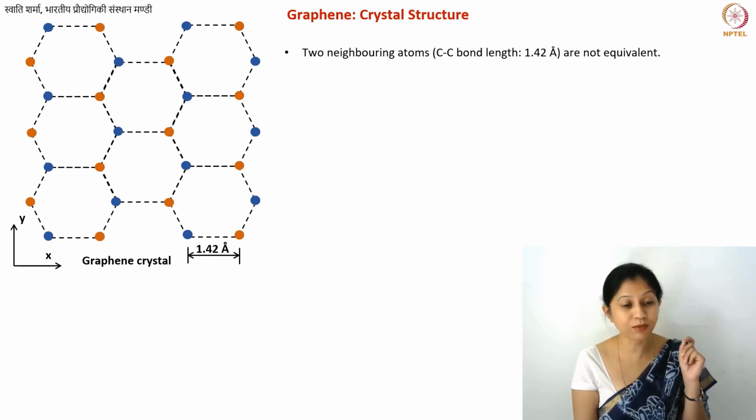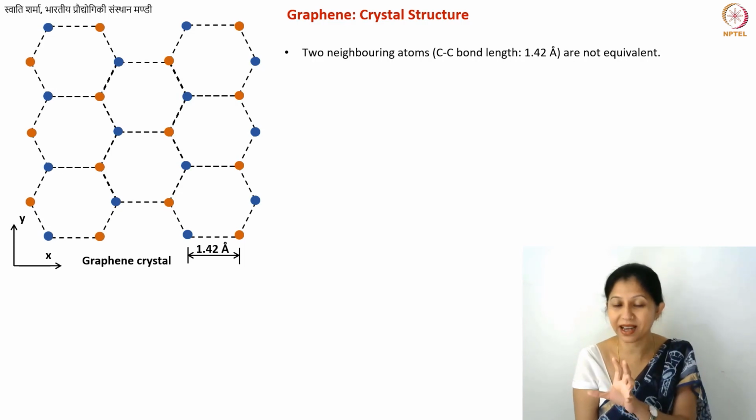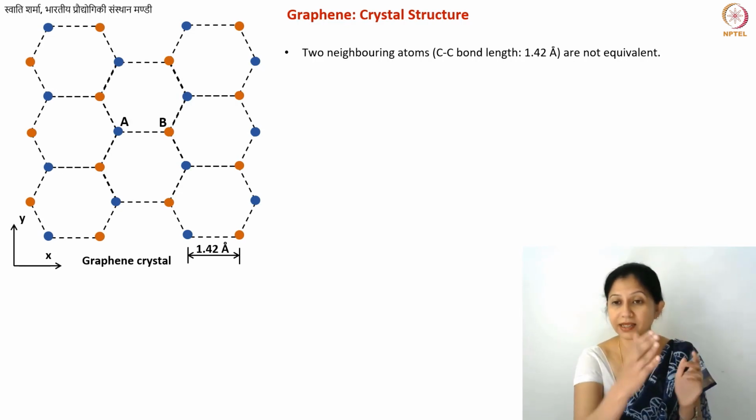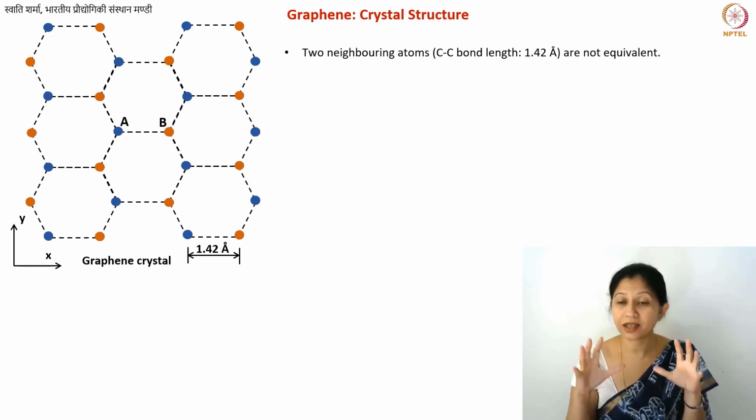So when it comes to selecting this primitive unit cell, it becomes very important whether it is just one atom. Why don't we just take one atom or one complete hexagon as the unit cell? Why make it more complicated? So the idea is that in that particular unit cell, you should be able to repeat the entire structure. And can we do it if, let's say, we select one single atom? The answer is no, because the atoms A and B, as I have mentioned here, are not equivalent.